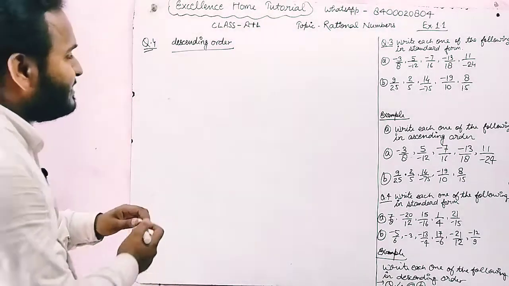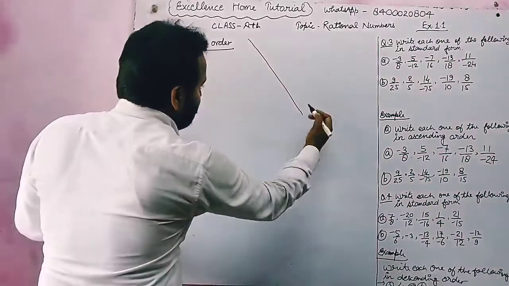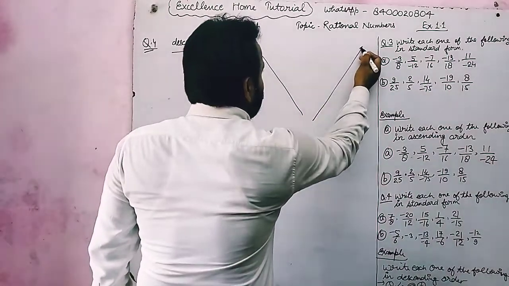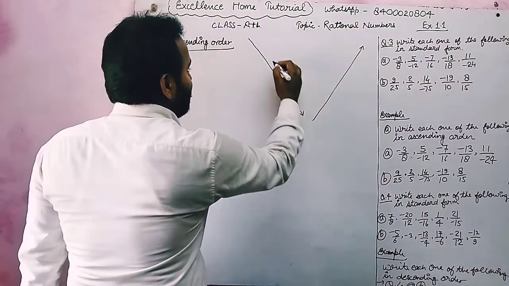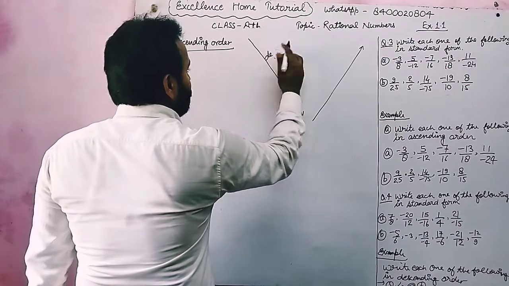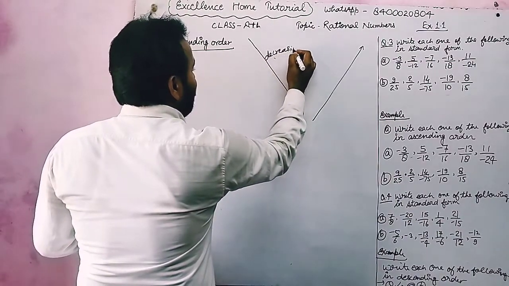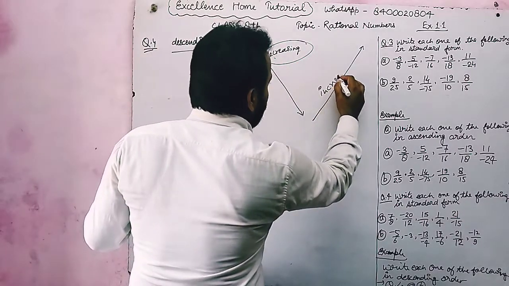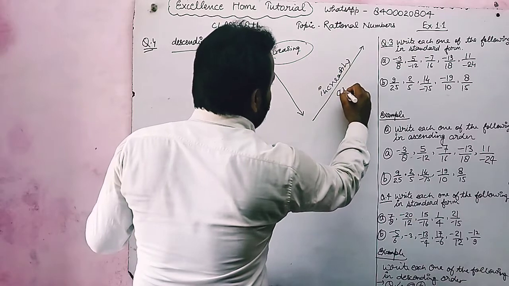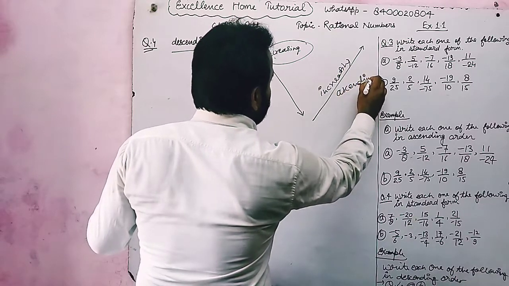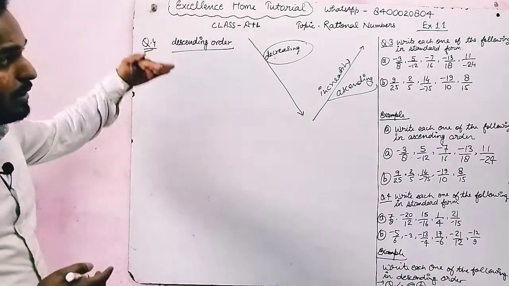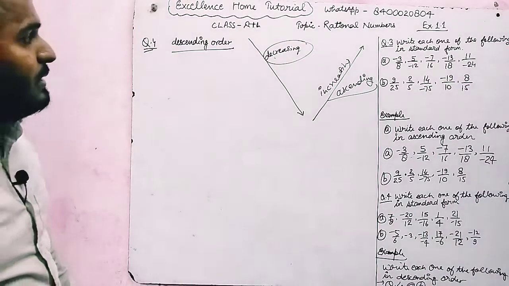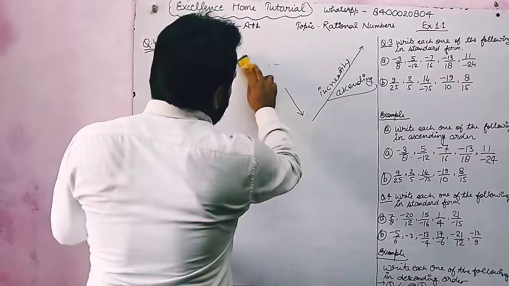Descending order is decreasing order, and ascending order is increasing. Decreasing values are descending order. Increasing values are ascending order. So remember it: descending order, ascending order. You have to remember this concept.